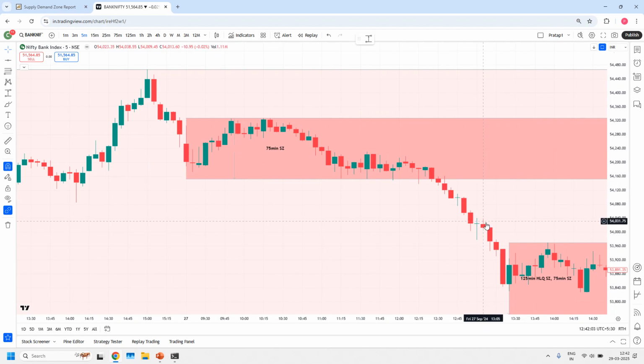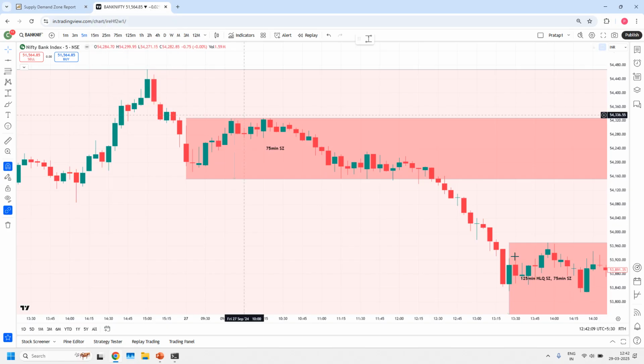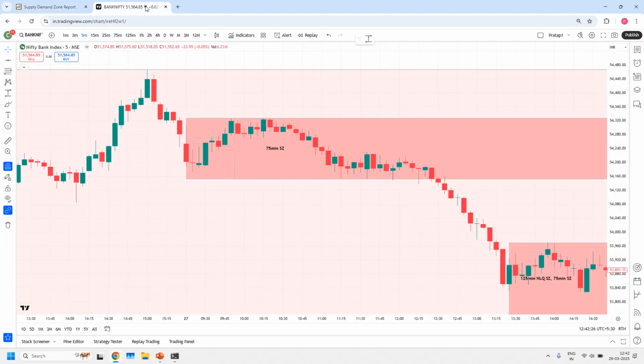This is the one, rally base drop 27.9, 13, 20. This is 13.10. This is 13.20. So I have selected a wrong one. This is the 13.10 leg in. After that, 13.20 is the leg out.